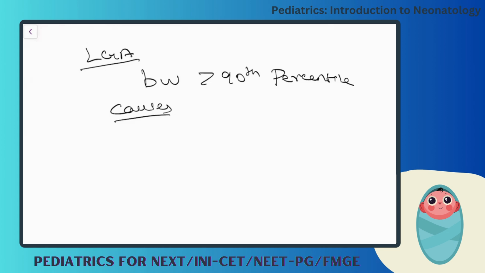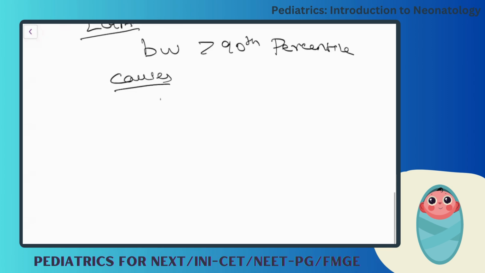Okay, the first cause: the most common cause of SGA. What is that? I told you right now. You should have written it in your notes. No, not IUGR. Constitutional is the most common cause of SGA. Fine. So here also you will write constitutional.